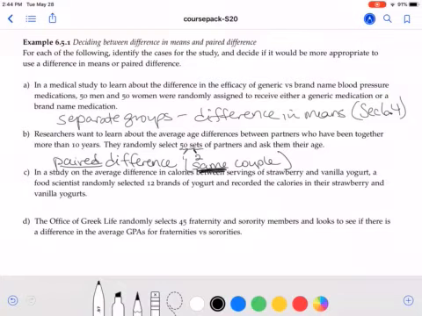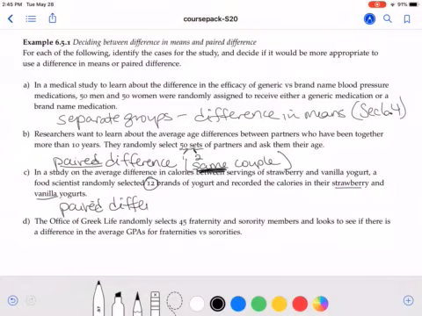In part C, in a study on the average difference in calories between servings of strawberry and vanilla yogurt, a food scientist randomly selected 12 brands of yogurt, recorded the calories in their strawberry and their vanilla yogurts. Notice here we have one sample of 12 brands, and we're looking at both the strawberry and the vanilla for that. So this is going to be a paired difference again.